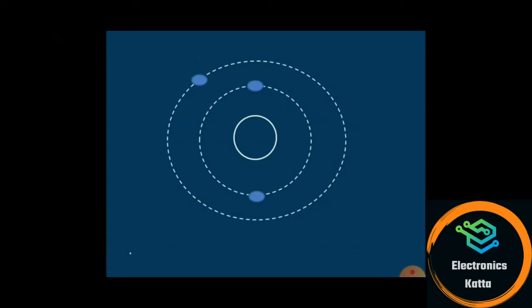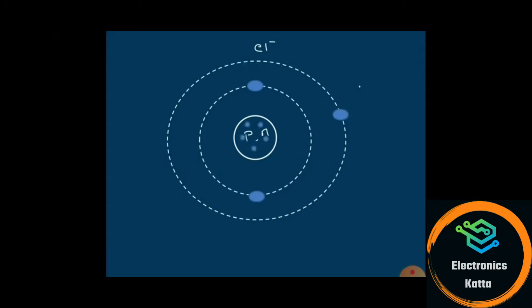If you see any atom, which is the fundamental building block for any material, it consists of three primary elements. It contains proton and neutron, which reside in the nucleus, and the electron, which moves around this nucleus in the orbits.